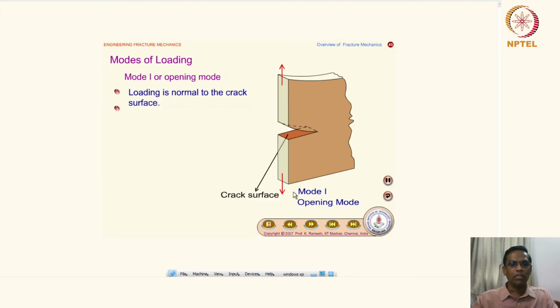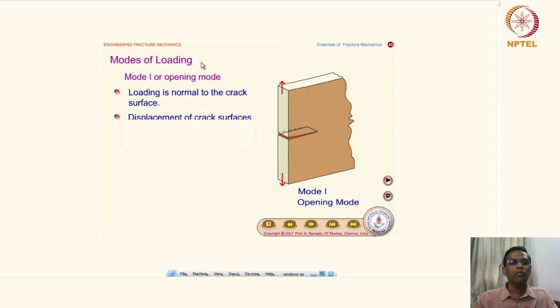Now we look at modes of loading in fracture mechanics. Most of the analysis is done by three modes. The mode 1 is opening mode. The schematic is nicely shown here, where you can see the crack surface once it opens.